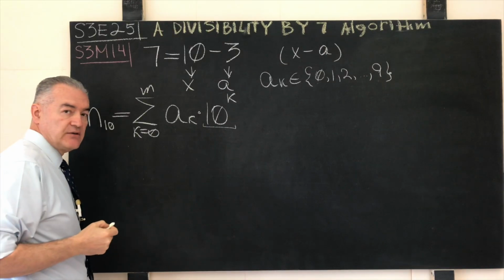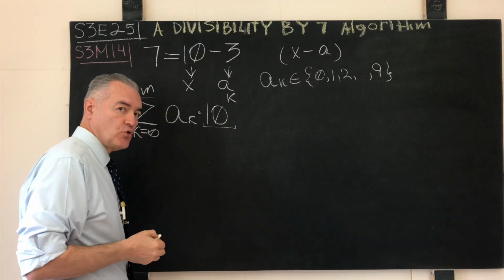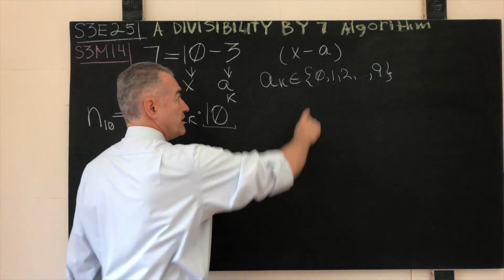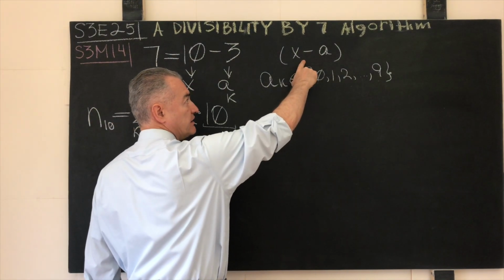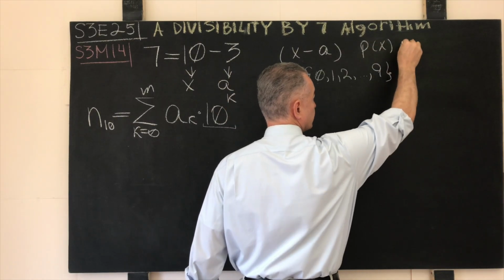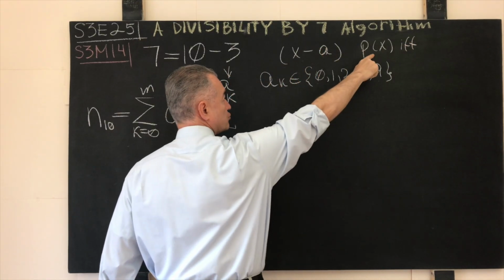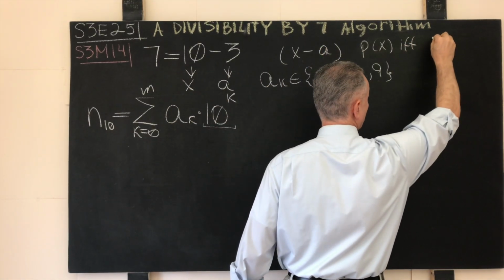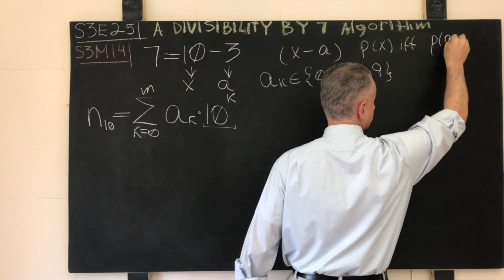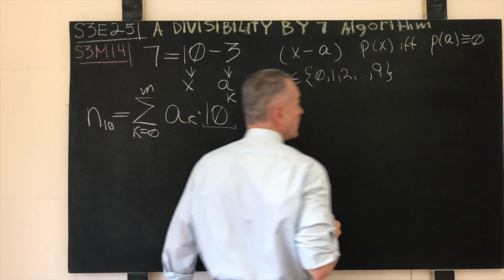And this may give you an idea to recall that according to the polynomial remainder theorem, the binomial x minus a divides the polynomial, let's say, p of x, if and only if a is a root of polynomial p of x. In other words, when a is substituted into our polynomial, we get an identical 0.